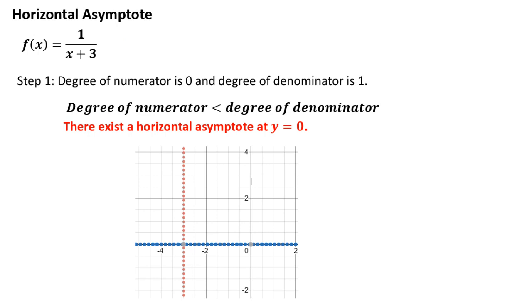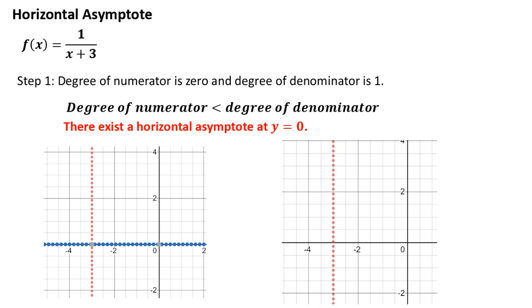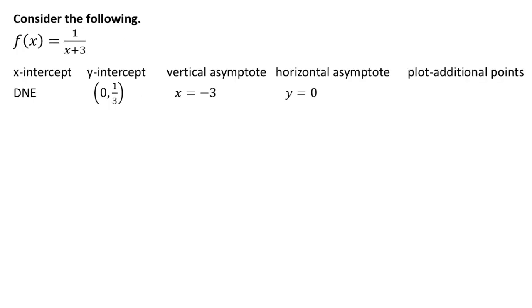So we can graph them, right? These are all helpful indicators for us to graph our rational function. We have this imaginary vertical line that we cannot cross, and we have this imaginary horizontal line that we cannot cross.